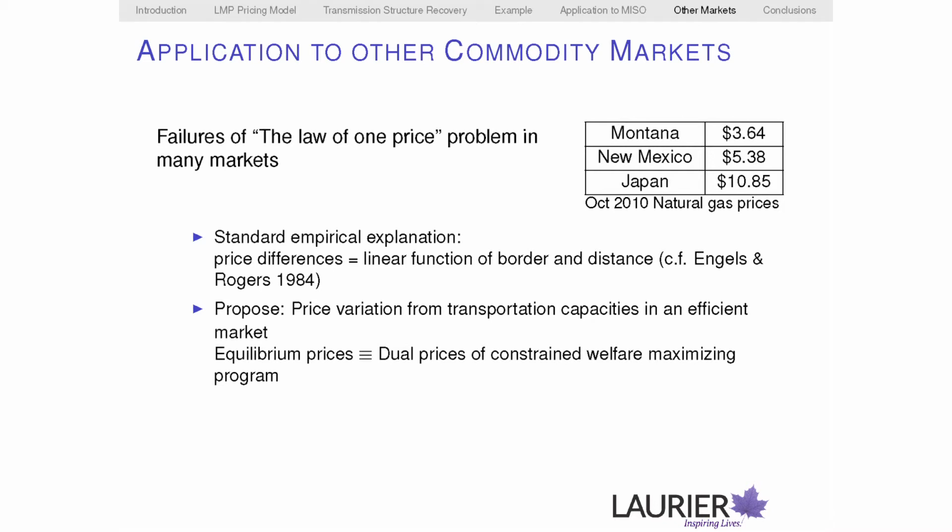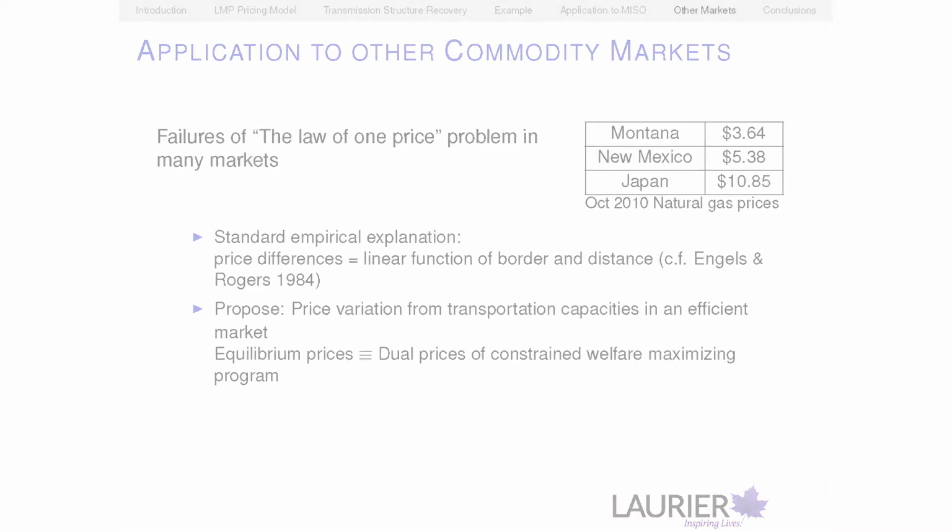But in certain markets like the natural gas market, the price of natural gas in Japan is not just due to the fact that there's a border. It's due to the fact that a liquid natural gas capacity is being reached. So that price difference of between 2 and 3 times reflects not just a linear distance. It's because there's an active constraint.